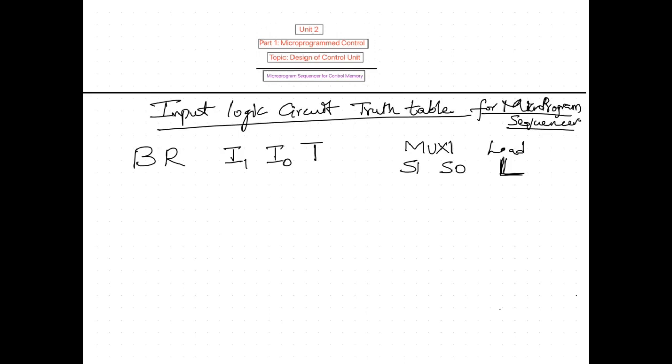See here, if the BR field has 00 bits, the same 00 bits are fed to I1, I0. Now if the T value is 0, what happens? When the BR field is 00, it is jump.